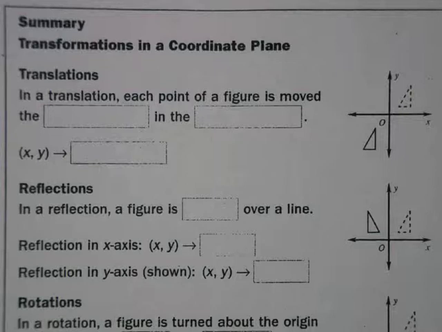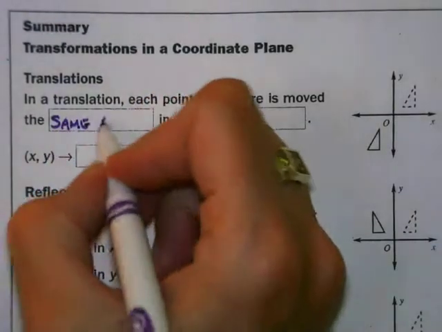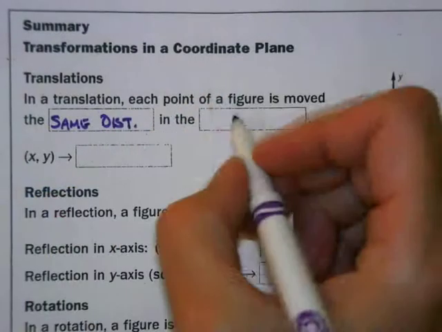So we've learned a whole bunch of different kinds of transformations, different ways that we can change shapes in a coordinate plane. Remember that in a translation, each point of a figure is moved the same distance in the same direction.